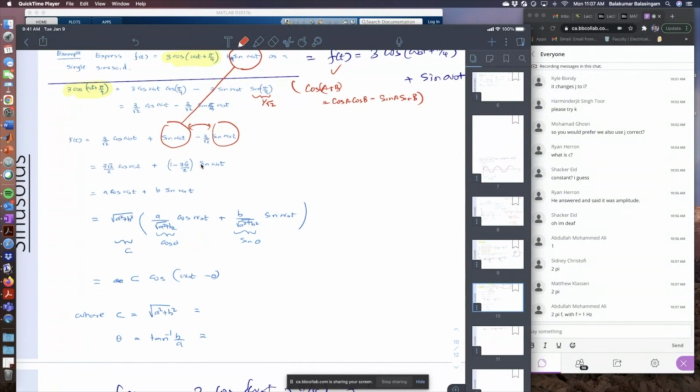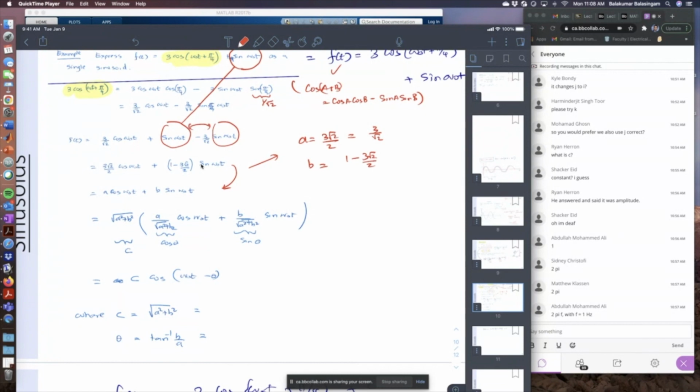If you look at this, it is in the following form: a cos ω0 t plus b sine ω0 t, where a is 3 square root of 2 over 2, which is 3 over square root of 2, and b is 1 minus 3 square root of 2 over 2.